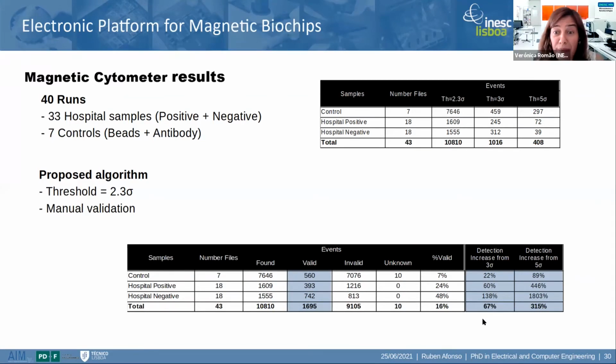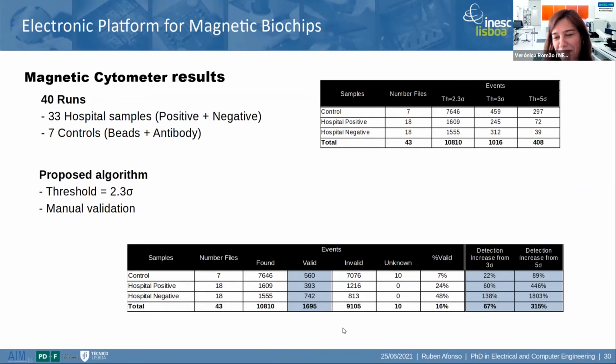My question here is whether it was more convenient to apply the 3 sigma and rely on all the peaks that are achieved, or if this manual validation is worthwhile, and this is a compromise, or we lose some peaks with the 3 sigma.